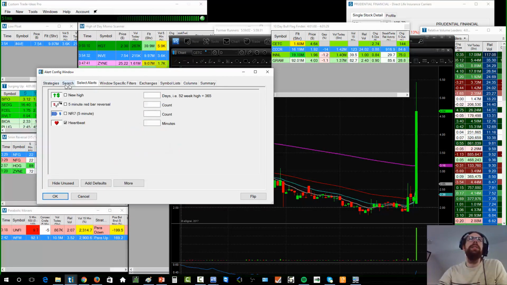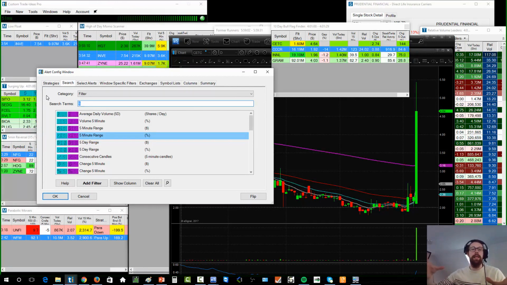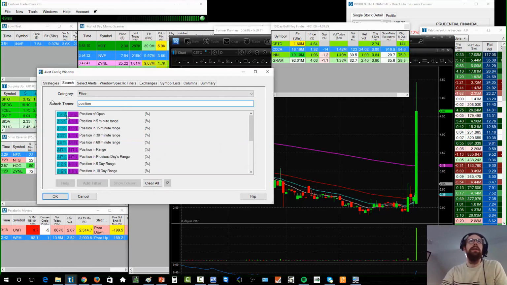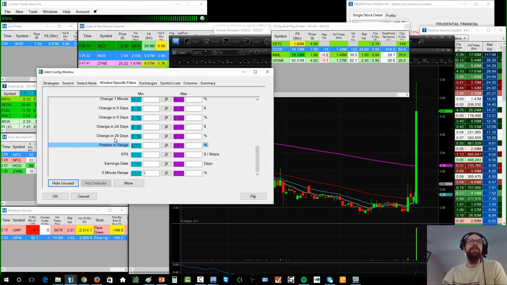And now we need to say, okay, well, that's great, but how do we know we're at high of day, right? Position in the range. This is the position in today's range. So if our position in today's range is in the top 75% or higher, then that's good.